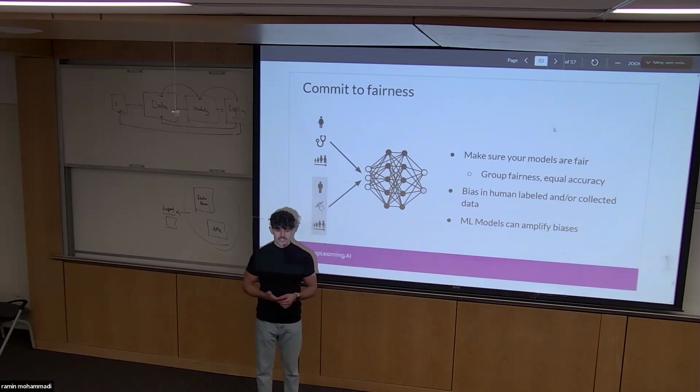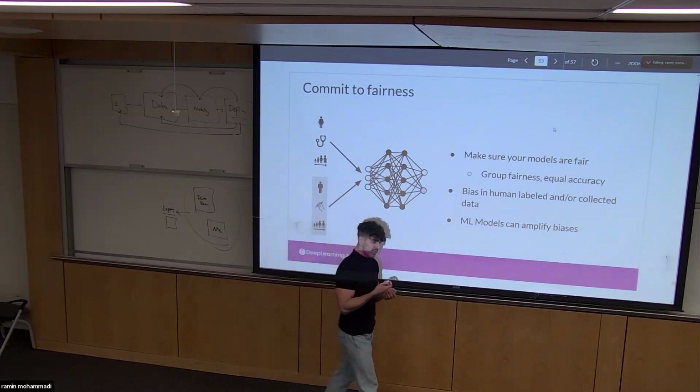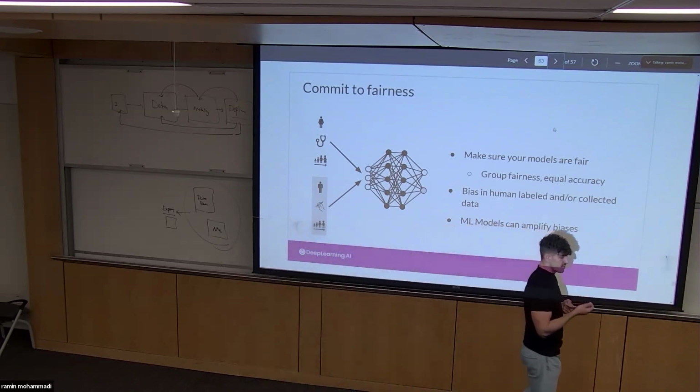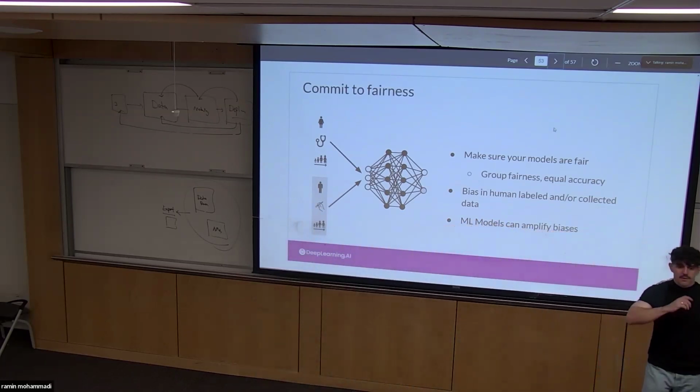Group fairness means that if I bring the data and look at it from the perspective of two groups, let's say gender, and assume we have only two genders in the data, male and female, you look at the percentage of the positive rate for one group versus the other.